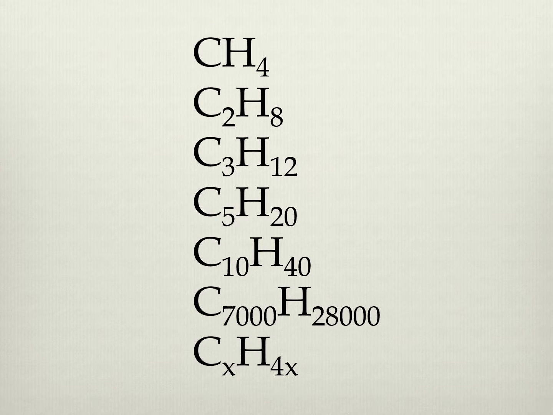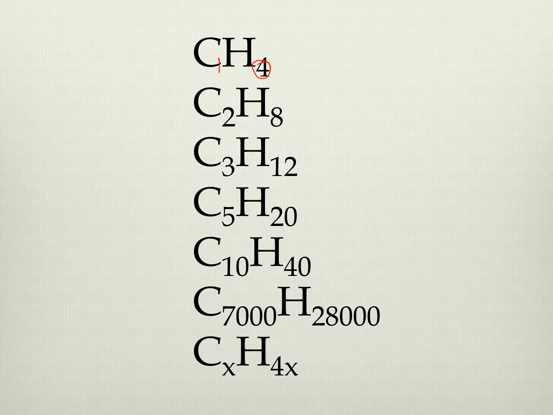When I'm talking about simplifying fractions and common denominators and things like that, it's the same basic thing with these formulas here. Notice that every single one of them is made up of some number of carbons and some number of H's. More specifically, the number of H's is always 4 times as many as the number of carbons. So in this first one here, we see there's 1 carbon and 4 H's. There's 4 times as many H's as there are C's.